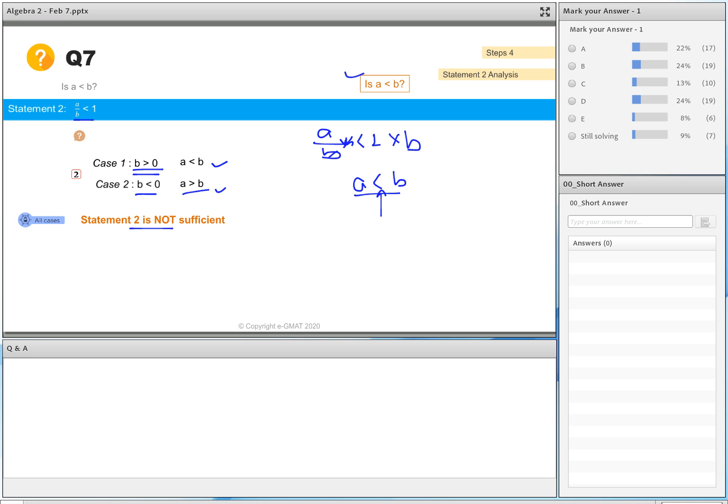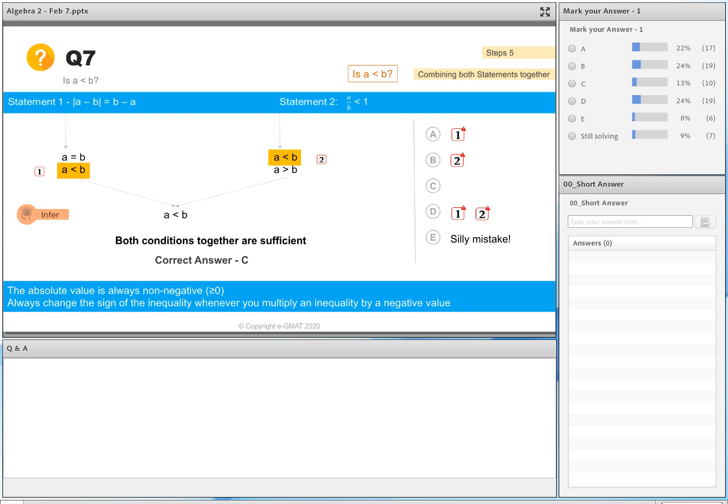Thus, post this, what I need to do is combine both the statements and see if I can get to the right answer or not. When I combine both the statements, what did I get from the first statement? From the first statement, I got a is either equal to b or less than b. From the second statement's analysis, I got a can be less than b, a can be greater than b.